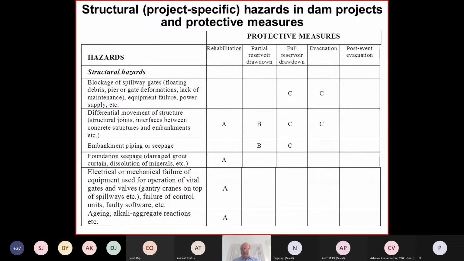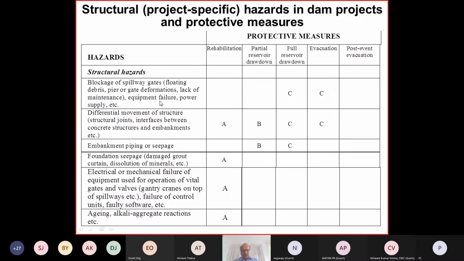Now, the last one I would like to mention is structural or project-specific hazards in dam projects. Structural hazards could be a blockage of spillway gates due to floating debris. Okay, that depends on the type of gate or lack of maintenance. There are different failure modes of spillway.